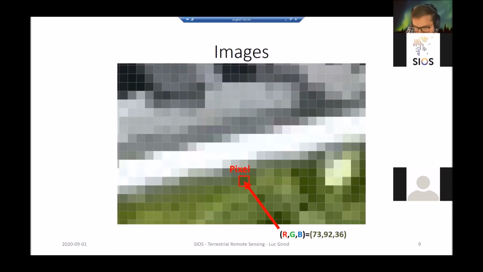It's 73, 92, 36, which means the 92 is the largest component and it's going to be green, but there's still a bit of blue and red in there because it's not purely green. In that representation here, the maximum value would be 255, and if the three components were 255, it would be pure white, and if they all were 0, it would be pure black. Yes, so that's what an image is. That's what an image file is from the computer perspective.